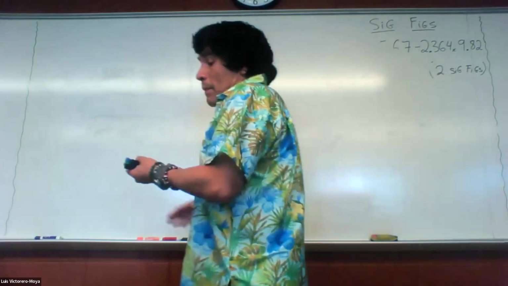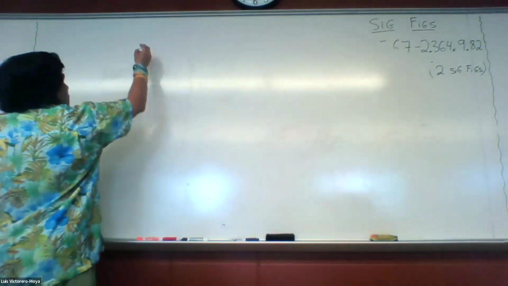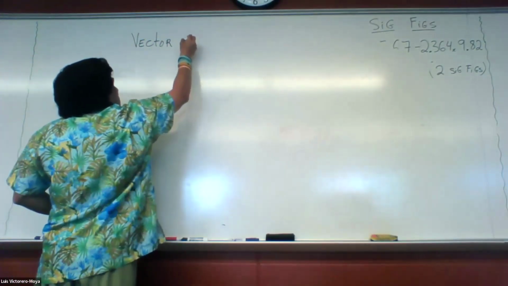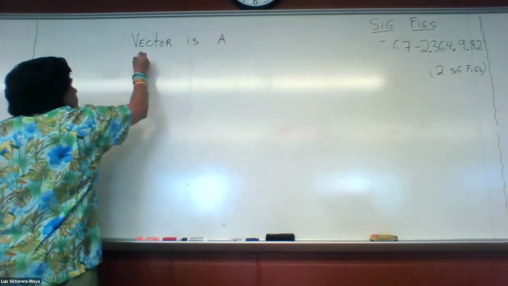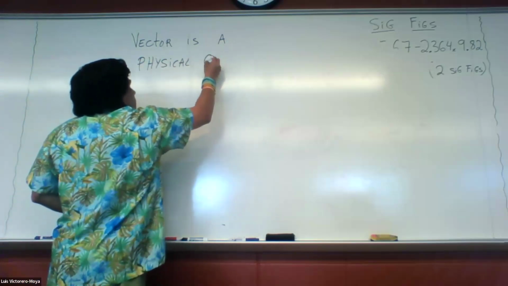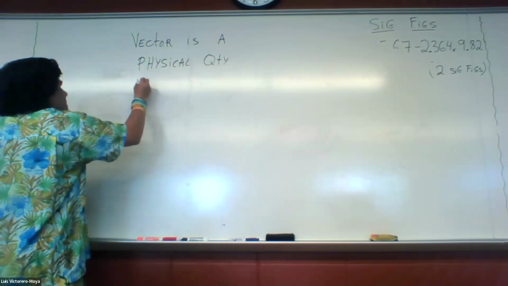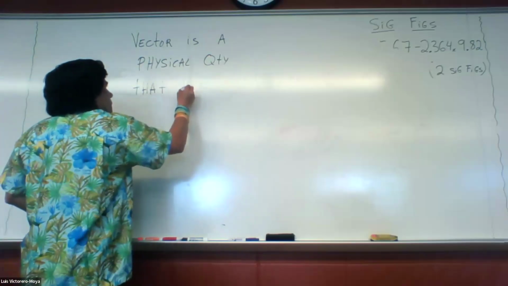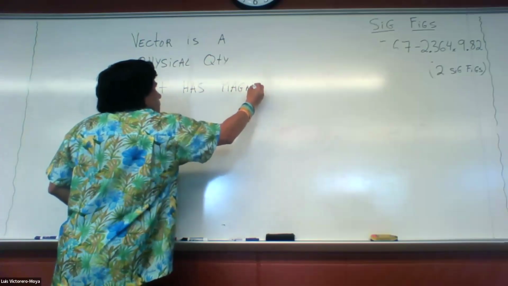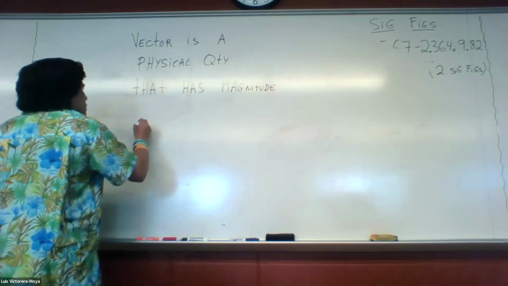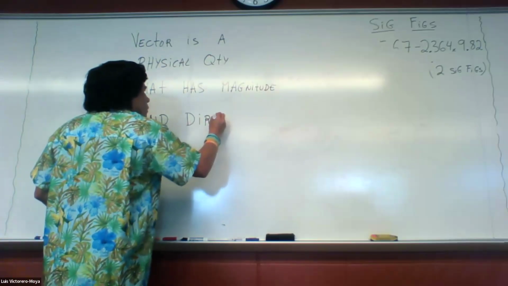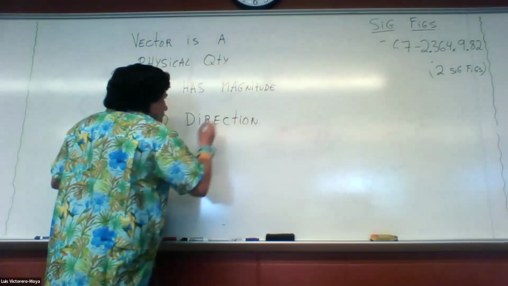A vector is a physical quantity that has magnitude and direction.